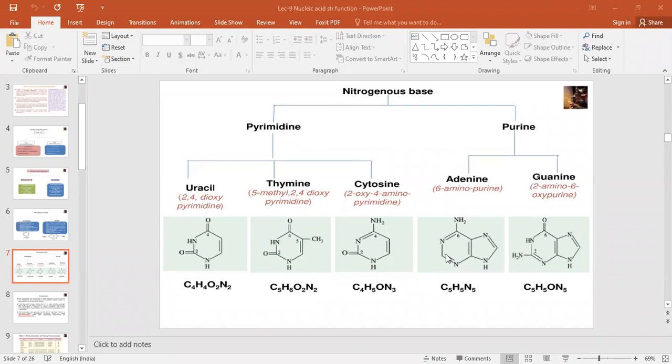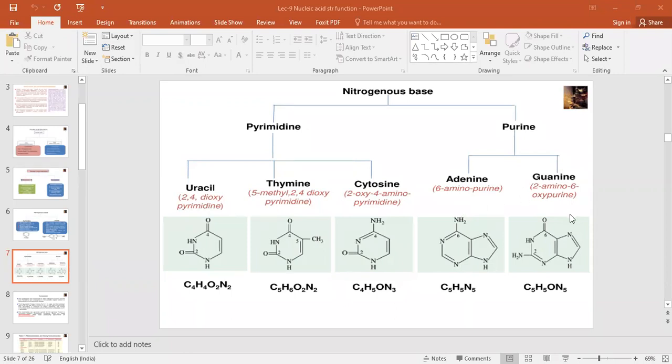Valency is completed. The valency of carbon is 4. So 1, 2, 3 and 4. Fourth one is remaining. So at this C, you have to attach the hydrogen. Whenever the valency is not completed, you can attach a hydrogen and fulfill the valency. In this way, you have to draw the structure of adenine.